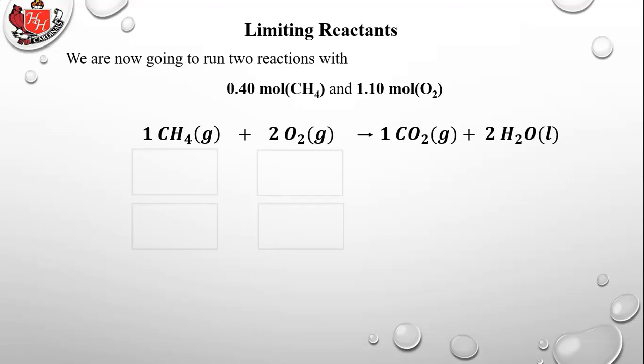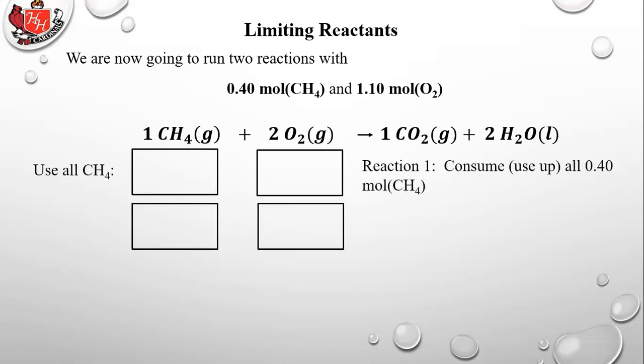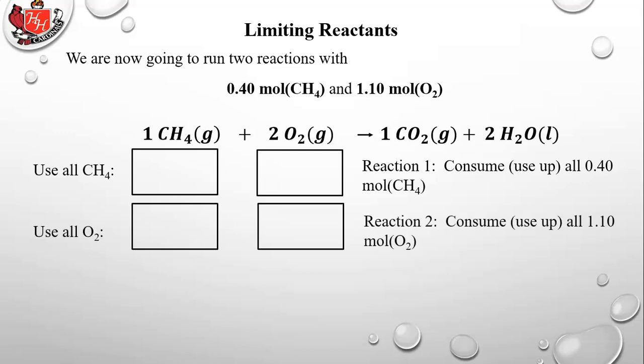So that's what we're working with. Reaction 1 consumes all 0.4 moles of CH4. Reaction 2 consumes all 1.10 moles of O2. The box that's outlined in red is the CH4. In the CH4 column, that's where we're going to react all 0.40 moles of CH4, so we put 0.40 in that box.